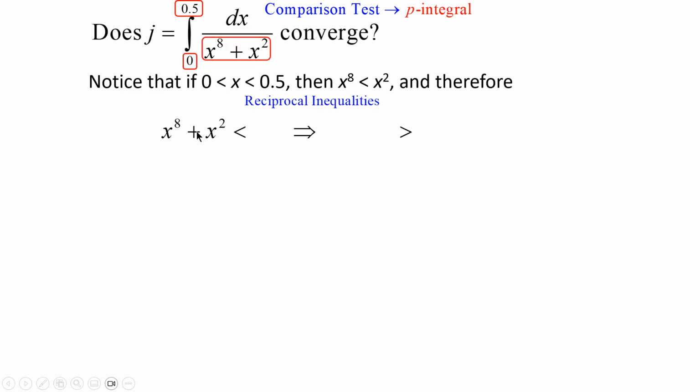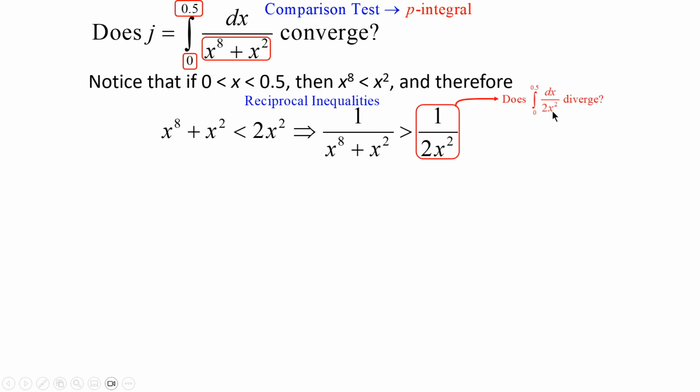X to the 8th plus x squared would have to be less than, oh, and look at this one, that's unique, I'm going to compare this to 2x squared. So what I'm doing is picturing that this x to the 8th now is just x squared. And look at what I have right here. So that means 1 over x to the 8th plus x squared would have to be greater than 1 over 2x squared.